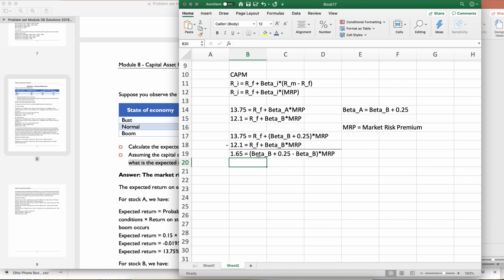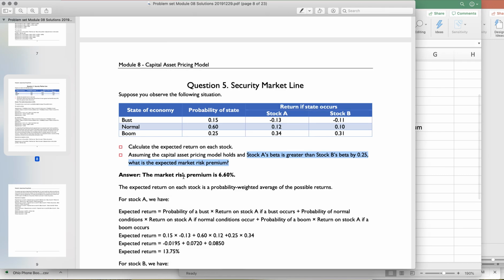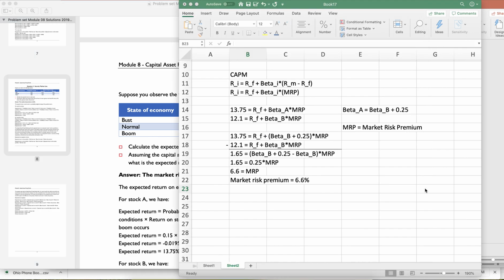We can just solve here. The beta Bs cancel. Our next step will be equals 0.25 times MRP. And finally we get 6.6 equals MRP, and this is percent, so the market risk premium is going to equal 6.6%, which is what we get right here.